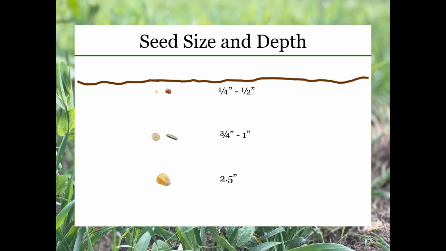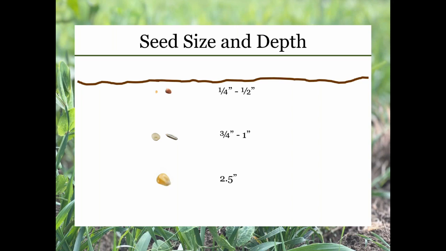But if you just look at the physical size between the different seeds, the corn, which is planted at a deeper depth, actually has a lot of energy to get it out of the ground. And those small seeds just don't have the energy to push from that inch or deeper and get out of the ground well.